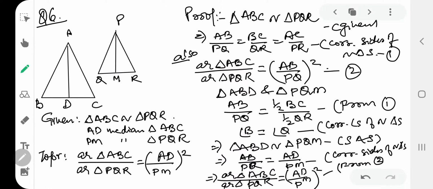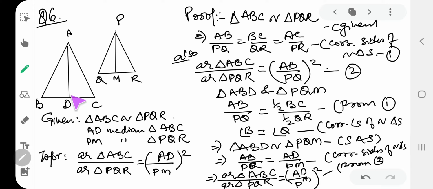Now, this is question number 6, and in this question you are given two triangles ABC and PQR, and AD and PM are their medians. You need to prove that if these two triangles are similar, then the ratio of the area of triangle ABC to area of triangle PQR is equal to ratio of the square of their medians.